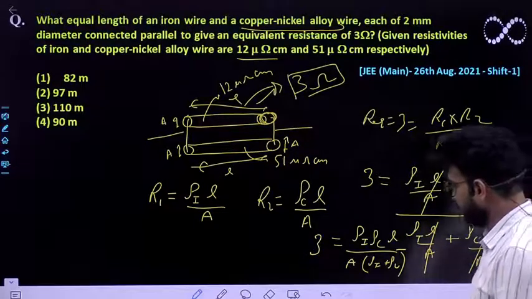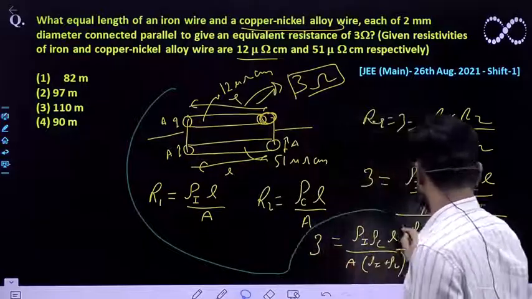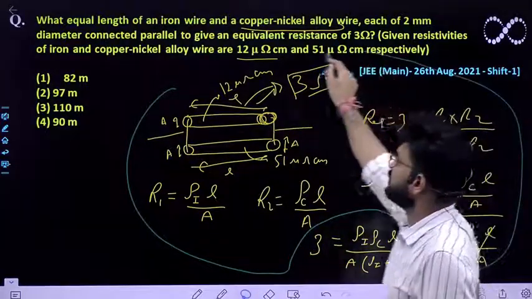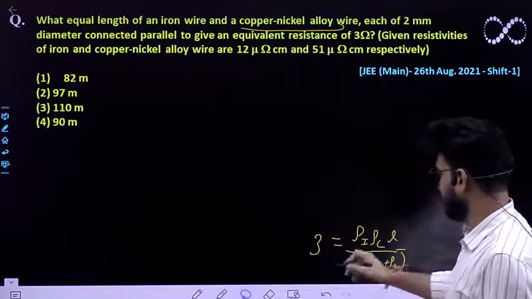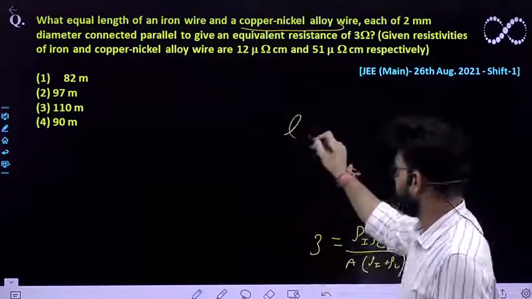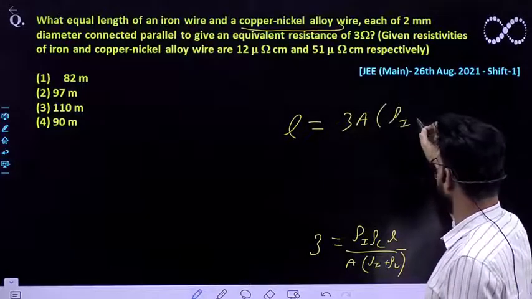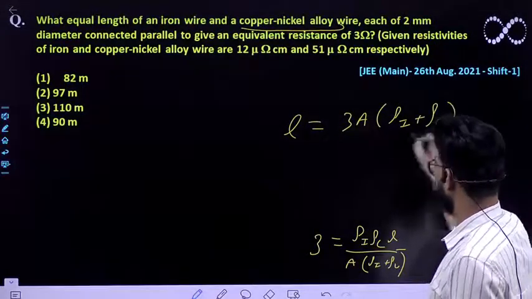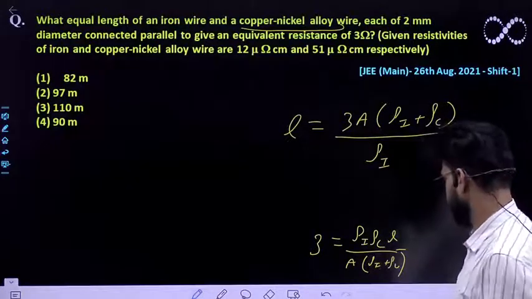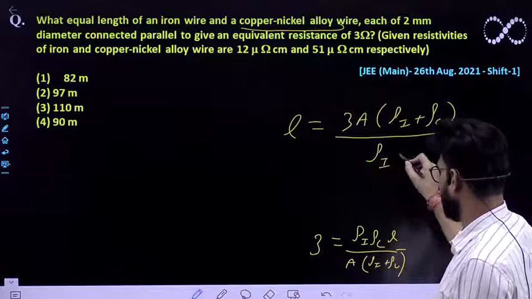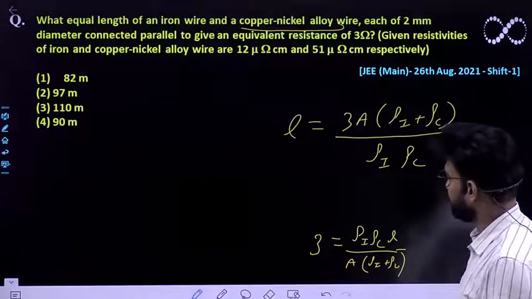Eventually the value of length that we get is L equal to 3A times rho I plus rho C divided by rho I rho C. So this much of equation that we have got.